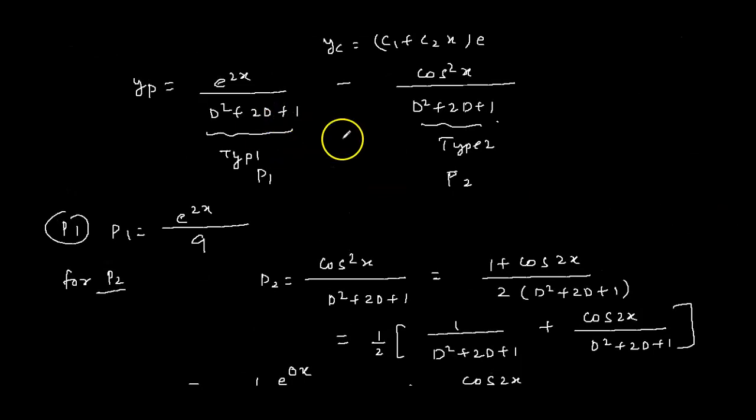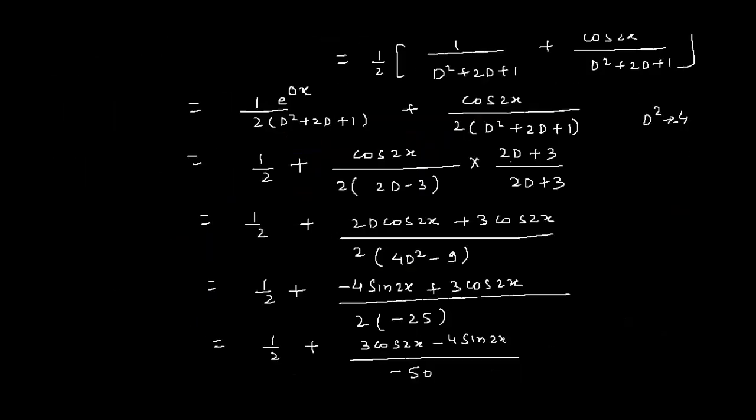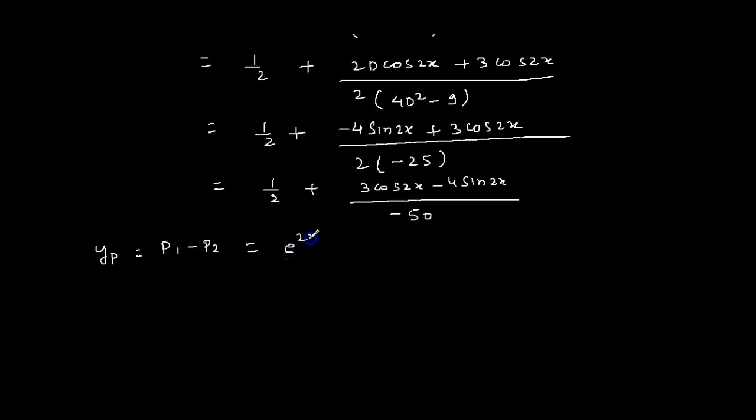P1 we got as e power 2x by 9, minus P2, which is minus 1 by 2, and this minus becomes plus here, 3 cos 2x minus 4 sin 2x divided by 50.